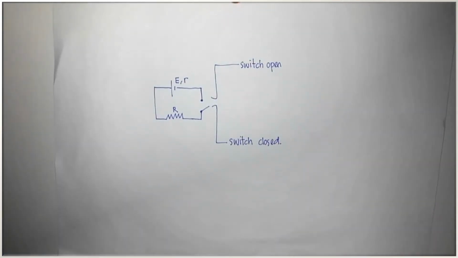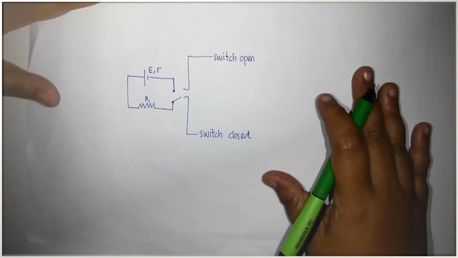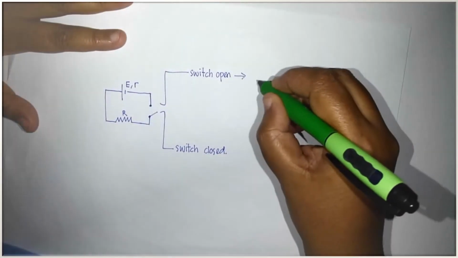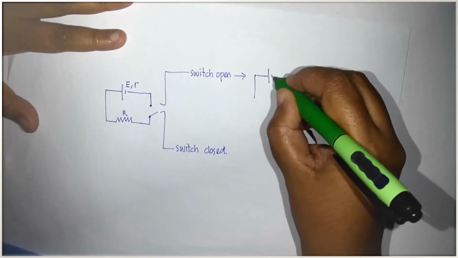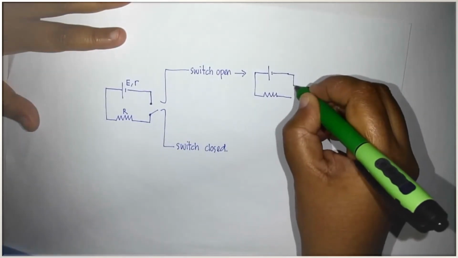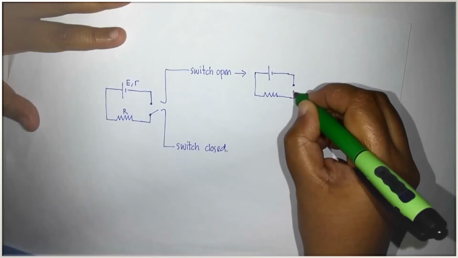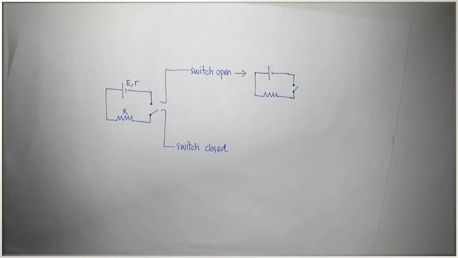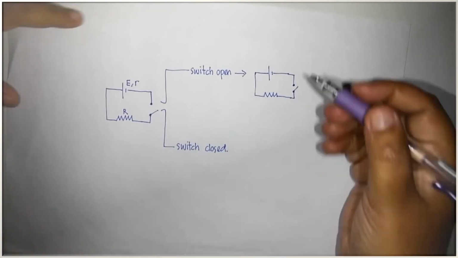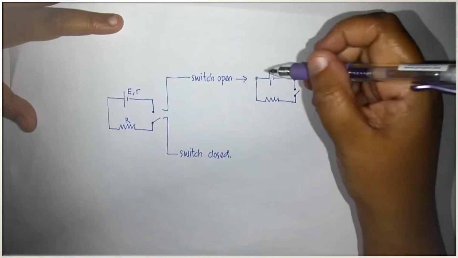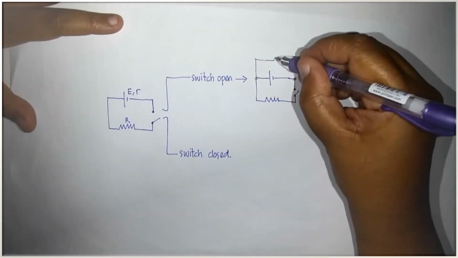Now I'm going to draw the circuit again here for switch open. This is the circuit. This is the internal resistance which is connected to a switch, and the switch is open. If I want to measure the voltage between this terminal and this terminal, I can connect a voltmeter.